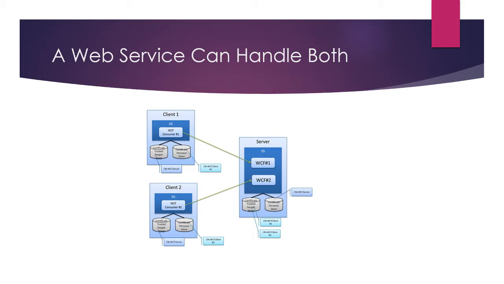How that happens is the bank hosts a WCF, Windows Communication Foundation, process on their web server, and then clients, like our ATM, can connect to that web service to communicate with the server.